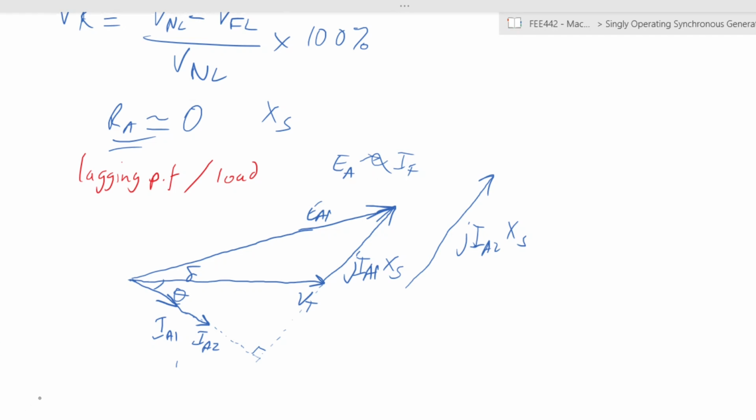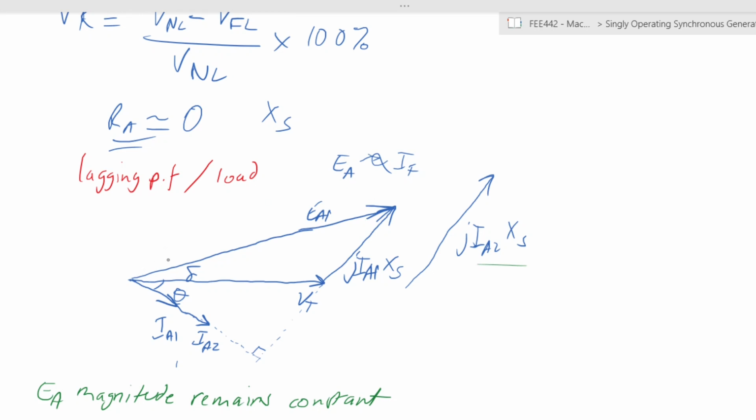So the magnitude of EA remains constant. So what can change? The only thing that can change is that angle delta, okay? Magnitude remains the same, delta can change. IAXS has already increased. So we want to see what is now the situation in this particular case.